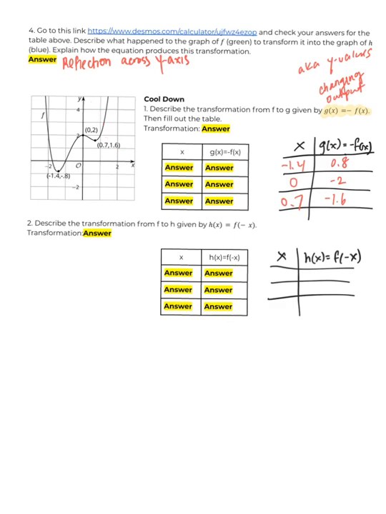There you go. So let me actually graph that on the same axis for you to see what it looks like. When x is negative 1.4, y value was 0.8, so like right here, and then 0, negative 2, and then 0.7, negative 1.6, so like right here.